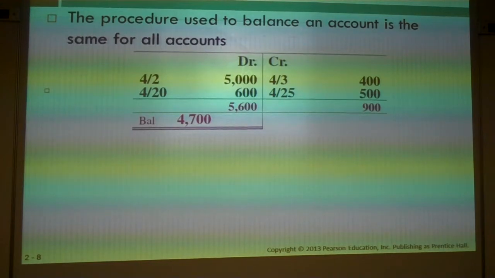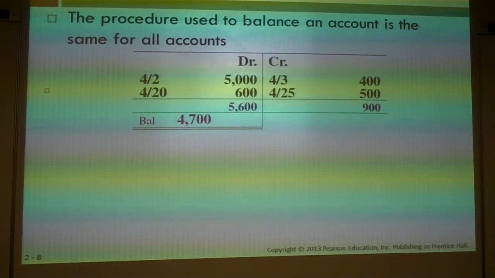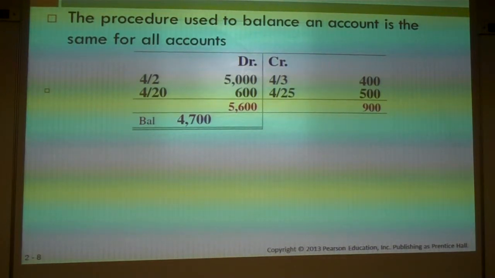We had more on the debit side than we did on the credit side, so we still have debits left. And the balance always goes on a higher number? Right, it's going to go on the higher side. And let's say this is our cash account. If our cash came out with a credit balance, what would that mean?